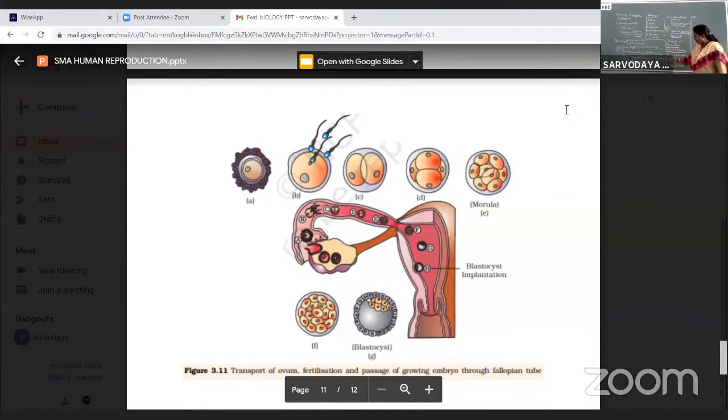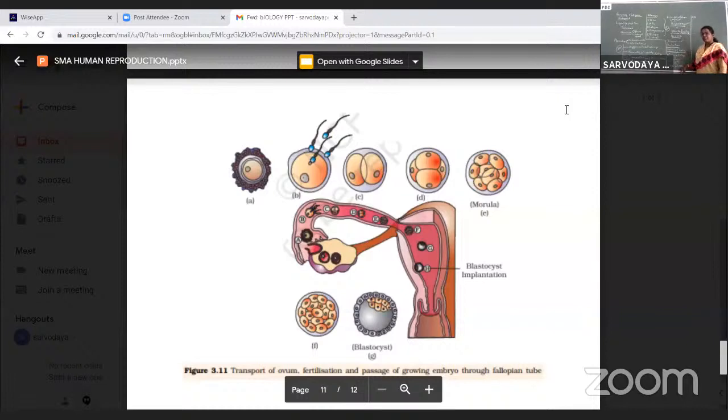Only after these 3 layers are formed, these 3 layers will further undergo differentiation to form the different types of tissues and organs in the body. So during the development of the embryo, these are the 3 layers which are going to be formed: ectoderm, endoderm and mesoderm. From where? They originate from the inner cell mass.